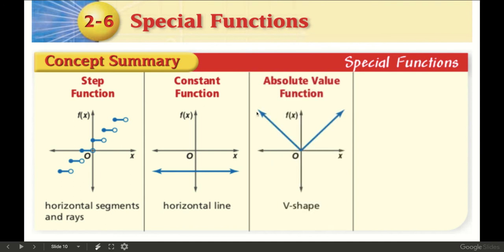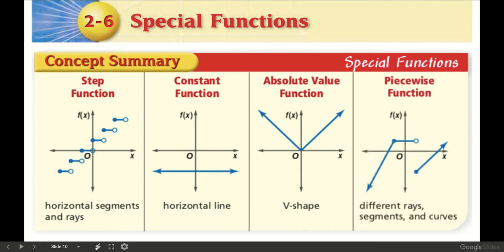We have the absolute value function, which looks like a v, which can be shifted. And then we have a piecewise function, which can be made up of multiple pieces. It can be made up of a diagonal line, a horizontal line, another diagonal line. So this would be a piecewise function that has 3 pieces to it. You can see in our previous example, we had a piecewise function that had 2 pieces to it.